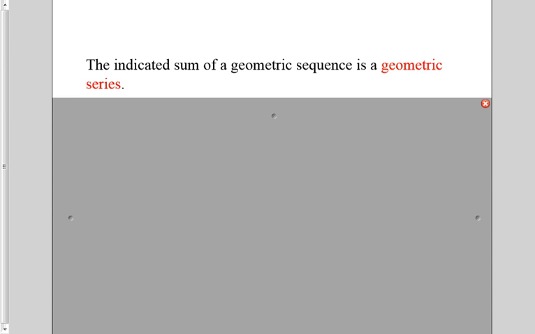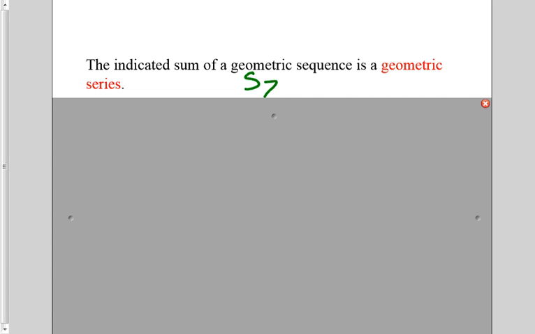Now, let's apply this to some new math terminology. The indicated sum of a geometric sequence is a geometric series. What this is saying is stuff we've already done: the sum of a geometric sequence. So we're looking here at S7.